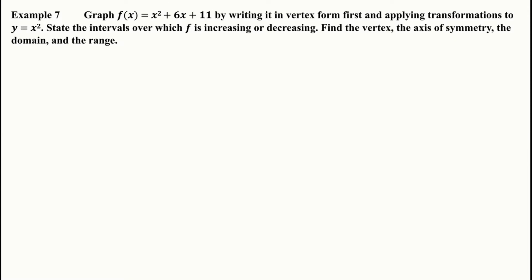So the first thing we'll do is replace f of x with y. It'll make it easier to work with the equation. All right, so notice that we do want to obviously move toward this form, right?